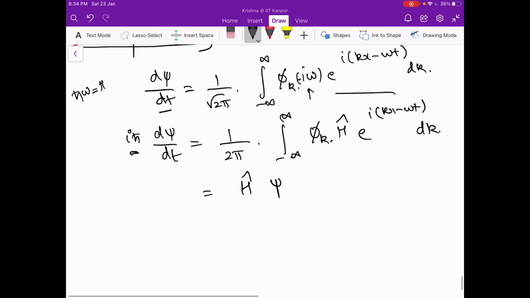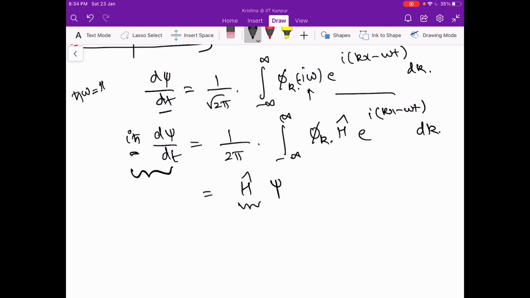So on the left hand side, you have an operator which acts on psi and gives out an eigenvalue of energy. And how do we write the operator form of H? Because this gives out the eigenvalue, H we know can contain two terms, T plus V, which we call the Hamiltonian.